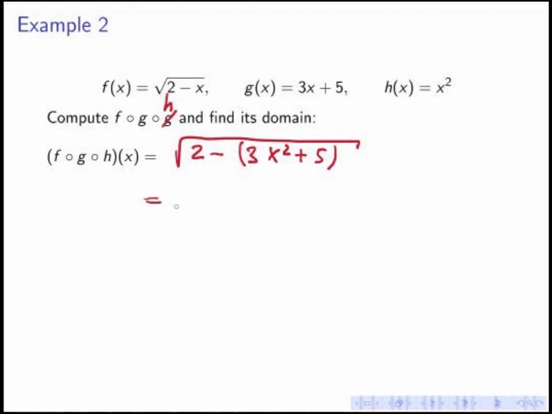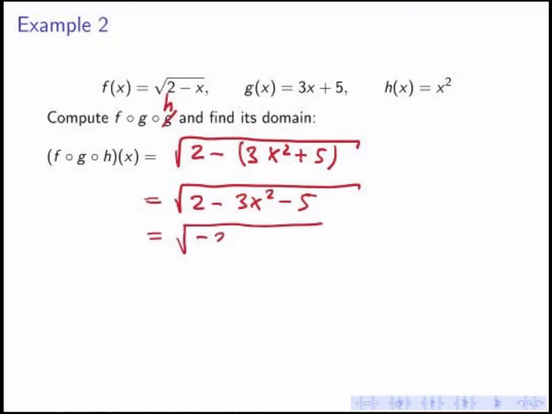We can multiply out what is inside the square root, so we have 2 minus 3x squared minus 5, which is root of minus 3 minus 3x squared. Oh, now we notice something very interesting. Minus 3 is always negative, of course, and x squared is a positive number, so minus 3x squared is negative.